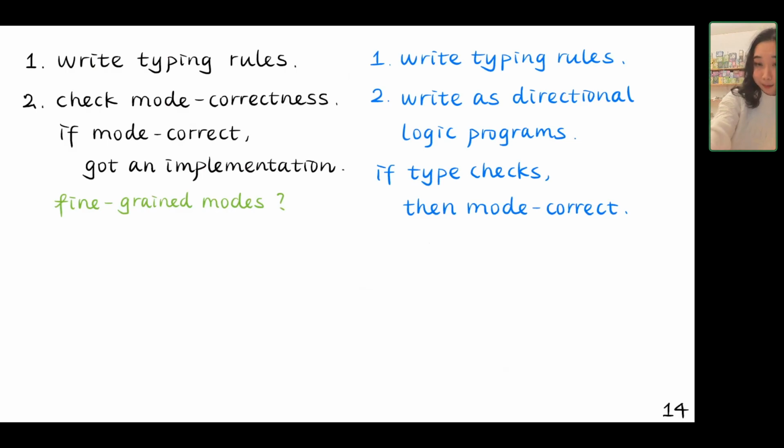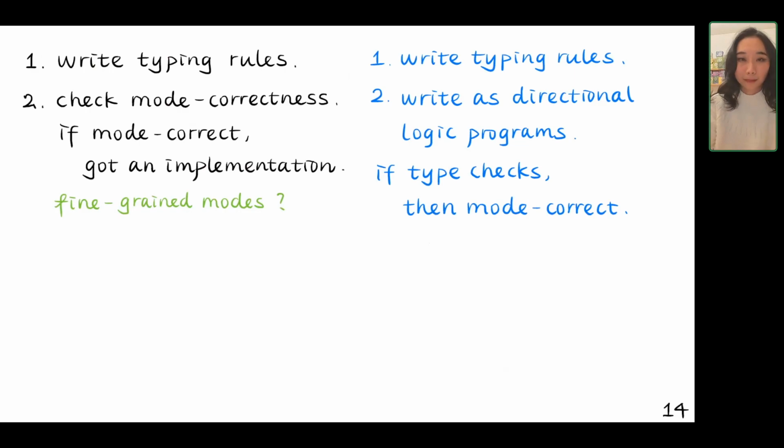It's really writing the same thing in a different syntax. And if these things type check as directional logic programs, because they combine mode with type, and recall that it is like linking, you can only link opposite types, and if everything type checks, it means every input is matched to an output.